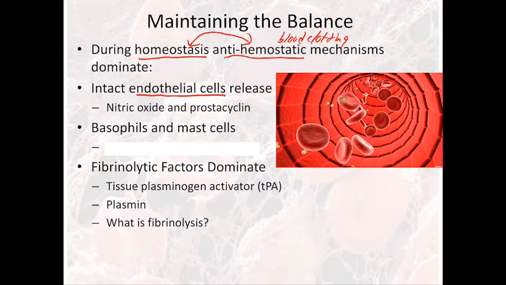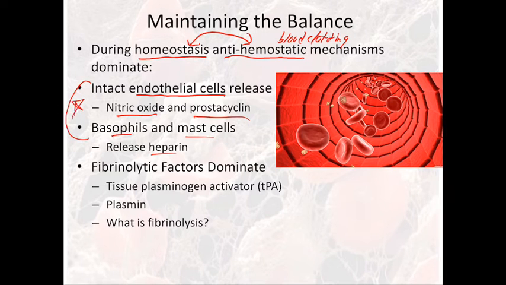They release something called nitric oxide as well as prostacyclin. We also have basophils and mast cells. Those are different types of immune cells. They both release a chemical called heparin. All of these factors are anti-clotting factors. They stop you from clotting.